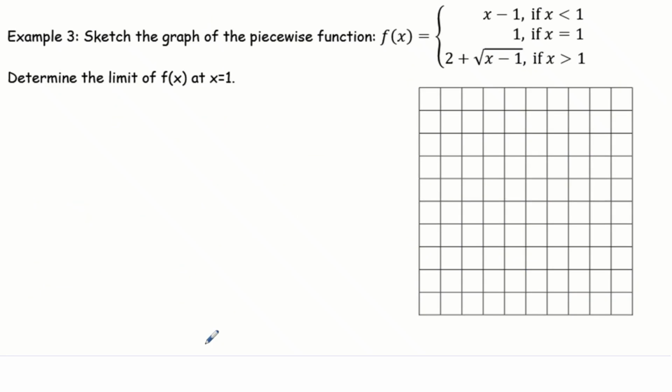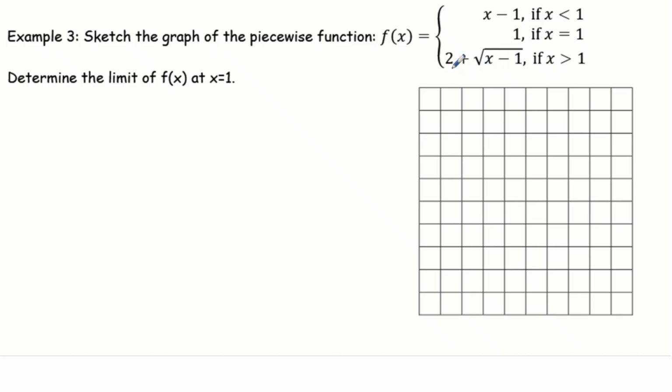So next, example 3 is to find the limit of function f at x equals 1. This function is a piecewise function, so for x less than 1, the function is y equals x minus 1, at x equals 1 you have 1, and greater than 1, we have 2 plus square root of x minus 1.